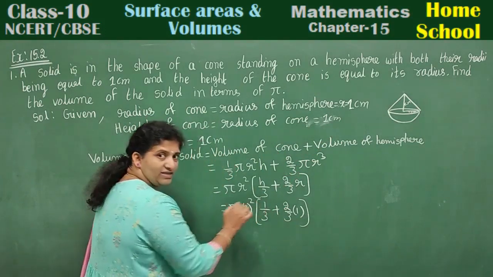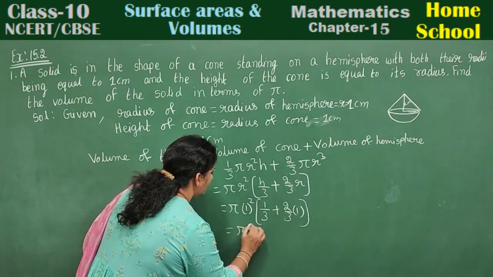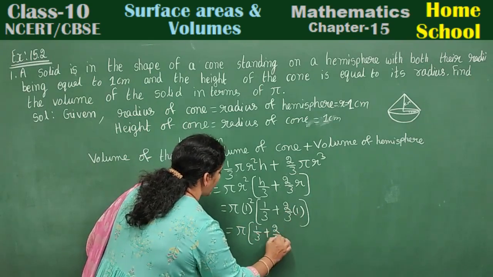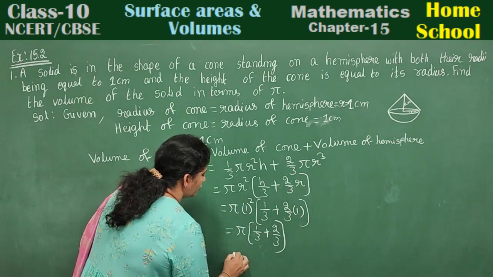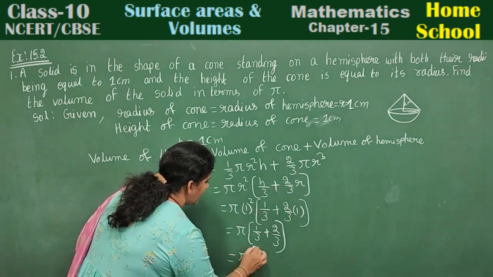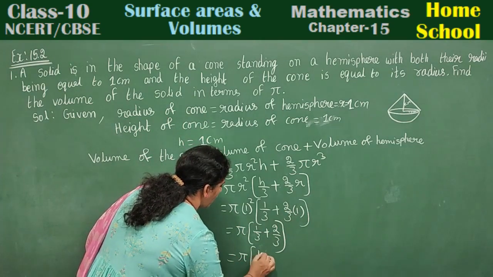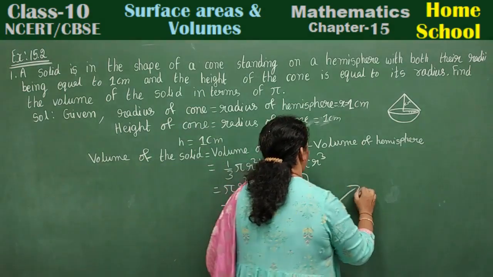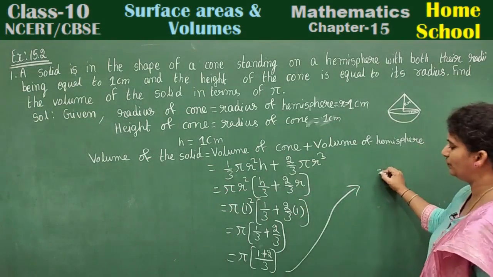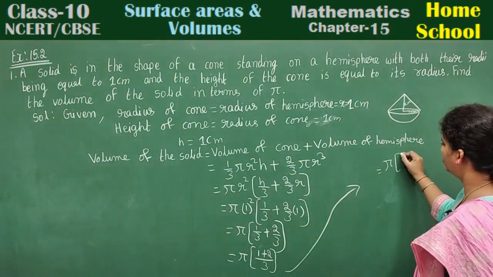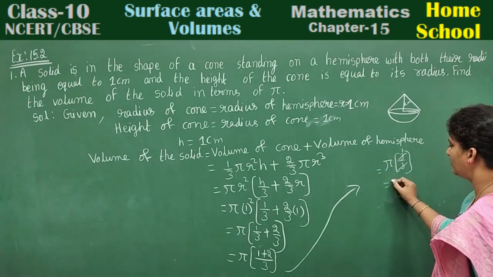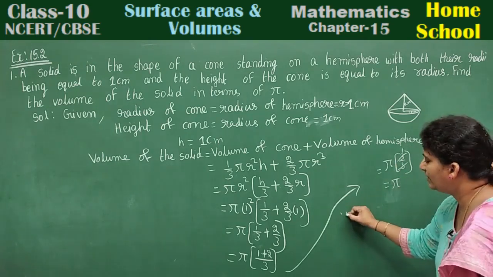Now pi into 1 square is pi. 1/3 plus 2 into 1, 2/3. Now do the LCM here. Pi into 1 plus 2, that will be equal to pi into 3 by 3. 3 cancels 3, that will be equal to pi.